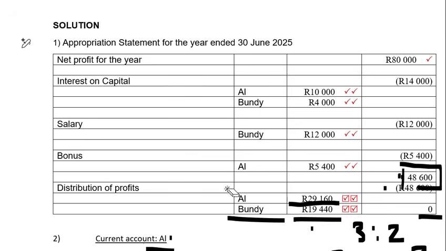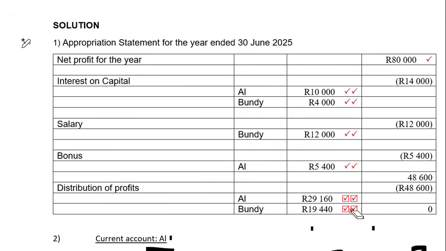So if we have a look here, there's the appropriation statement, all the transactions relating to the partners. How was the profit shared? Interest on capital, salary.